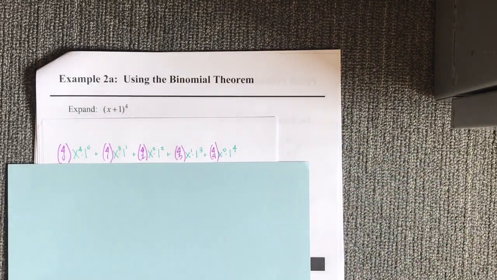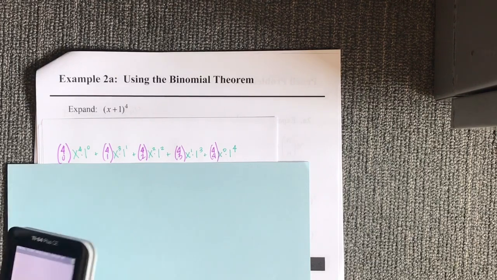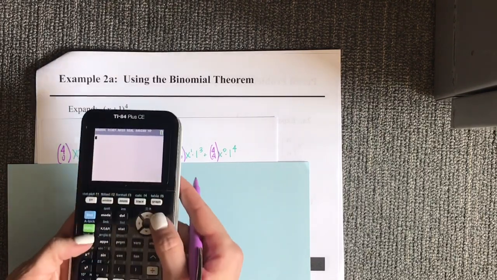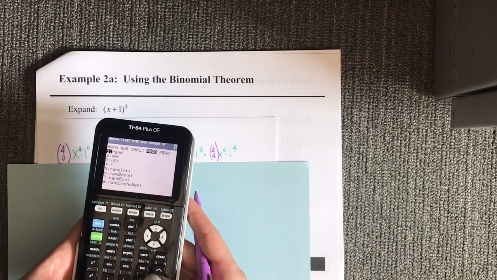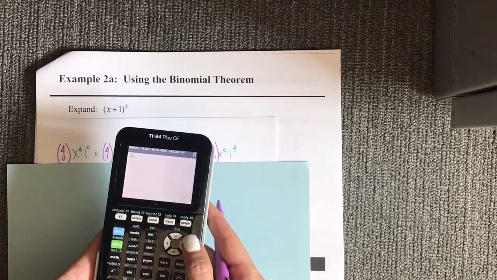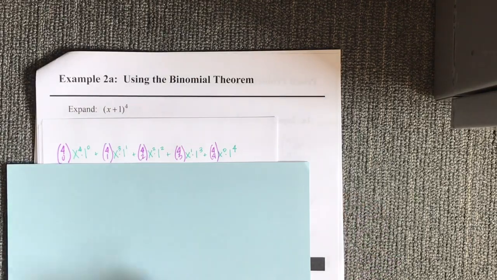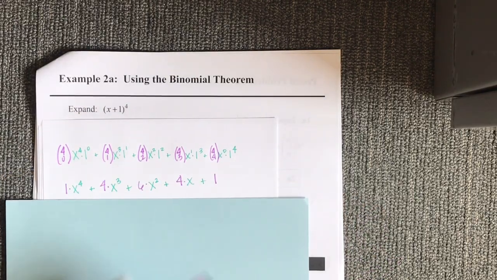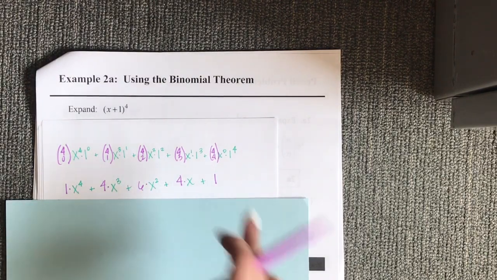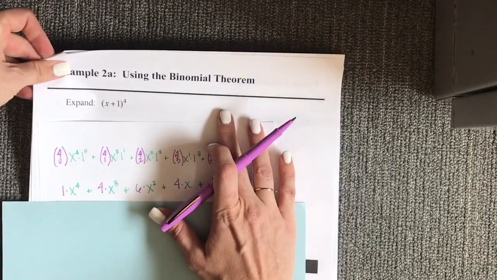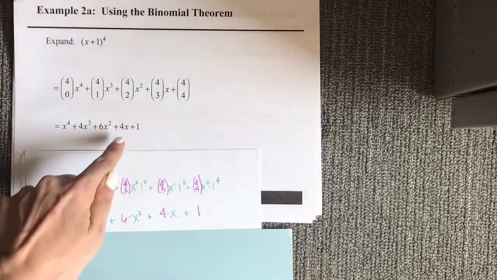And I am fine with you using the calculator to calculate those. The way you do that is math, probability, number 3. So 4 above 0 is 1. Each of those creates the coefficient that you're going to have. And that is the answer. That's that.